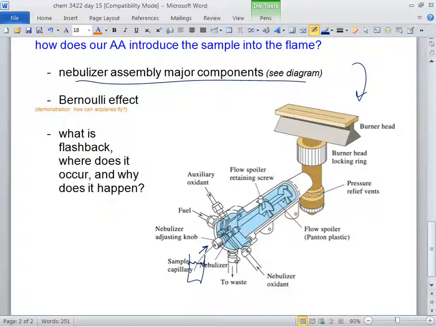So what would be a better way to introduce a sample? Can you think of a way? I could do it a little bit, yeah, stick something in there. That works pretty good. Then you'd have to stick this metal loop into the sample and put it in there.